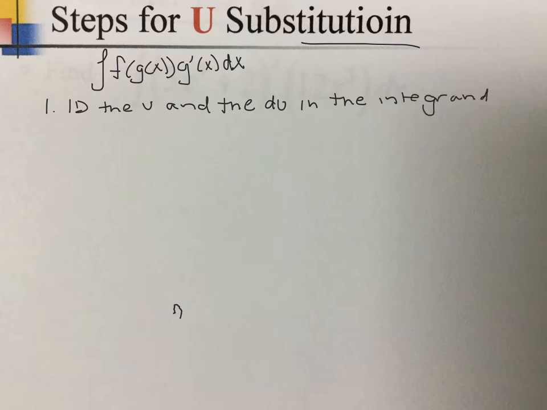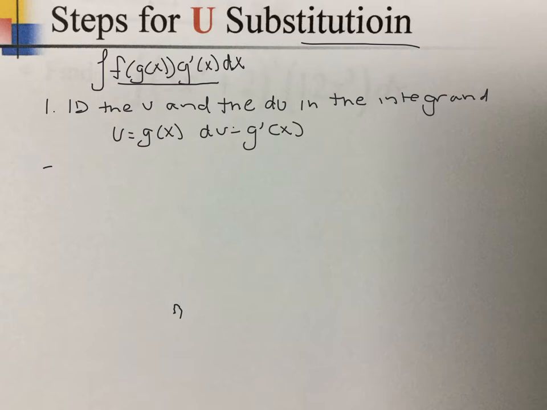Okay, the integrand, that's what's underneath or in the integral. So you just want to remember that u is equal to g of x, and du is equal to g prime of x.